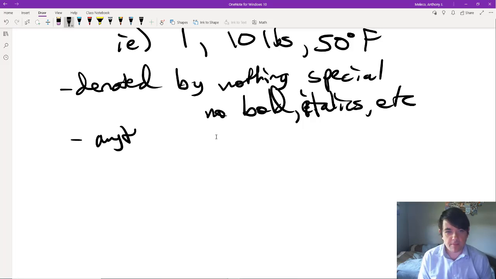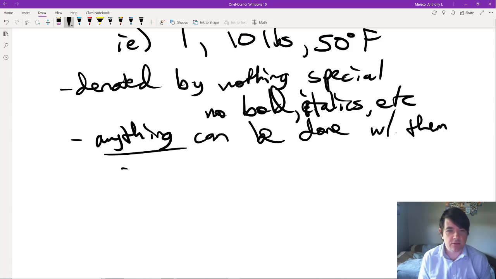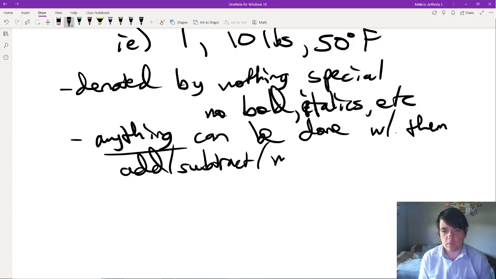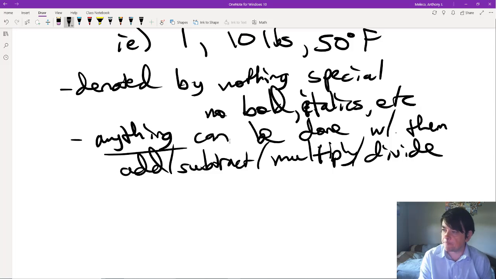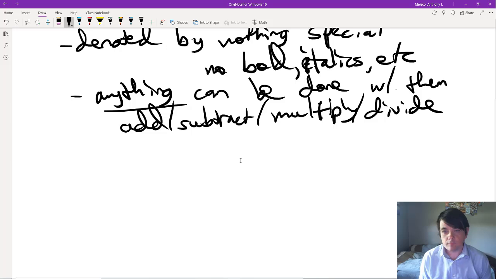Anything can be done with them mathematically. Well, not anything, there are limits in some math, but what I mean is you can add, subtract, multiply, divide. These will combine units together.